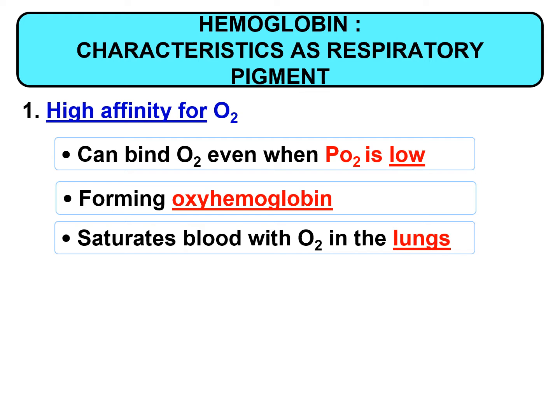Now let's look at the hemoglobin. Why is it a respiratory pigment? First, hemoglobin has high affinity for oxygen, meaning that it can bind oxygen even at low partial pressure of oxygen. So now we are going to use the term partial pressure.